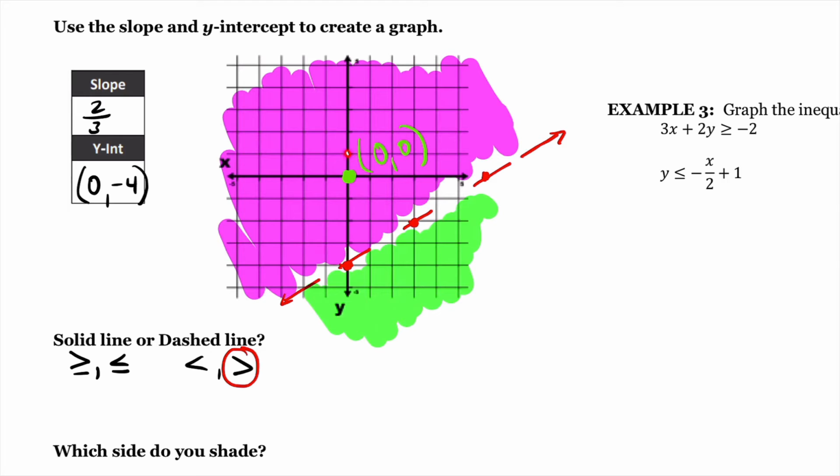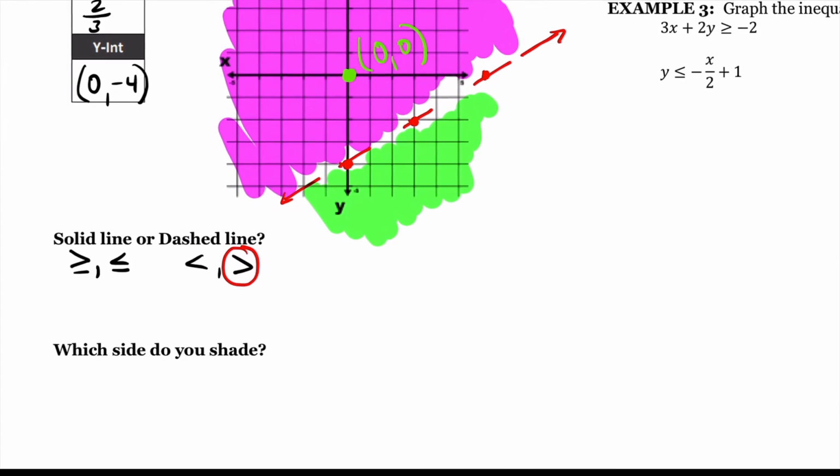No. You can pick 0, 1. I can pick this dot. I can pick this dot. You don't even have to pick in the purple. You can pick in the green. But I don't want to pick negatives because I don't want to mess with negatives. 0, 0's the nicest one, I think, because watch what I do.